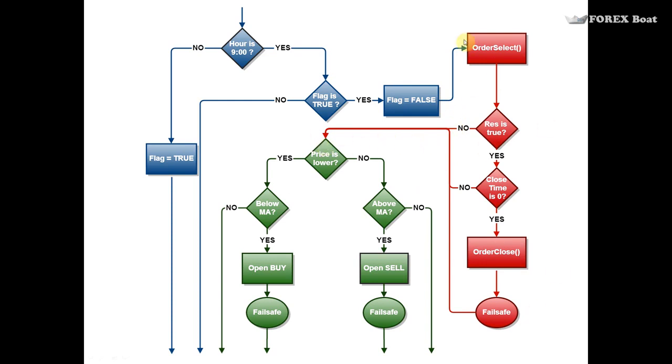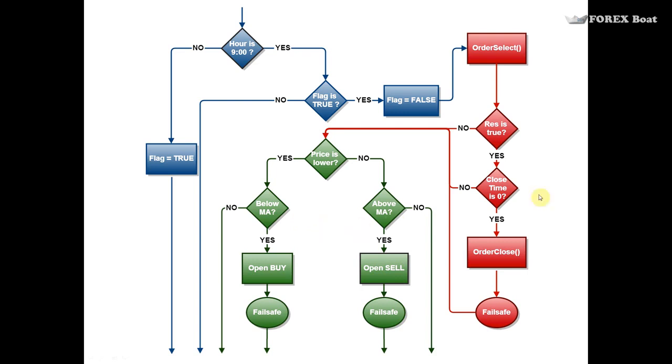So we're not going to delete any open orders if they are still open. We're just going to code this green bit, but we will leave out the moving average filter for now. So we'll just code the entry condition for buy and sell and the fail-safe mechanism. And that's what we're going to do today.